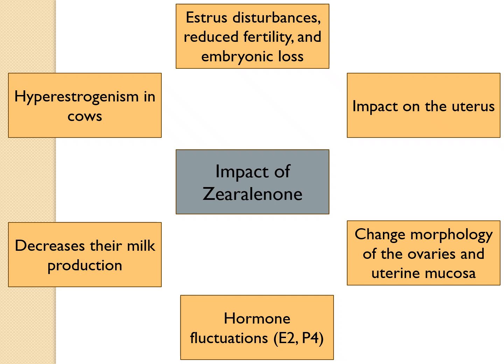It also impacts the uterus, because it produces mucus secretion and causes myometrial contraction in pregnancy, so the main effect is on the uterus. Estrogen receptors are also present on other parts of the body, but the main effect is on the uterus. It also changes the morphology of the ovaries and uterine mucosa.